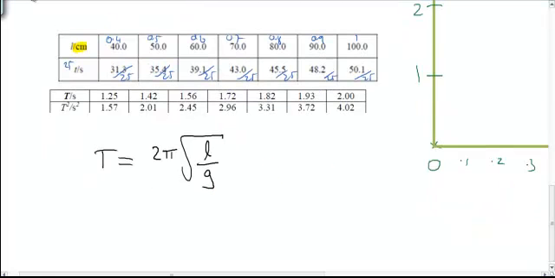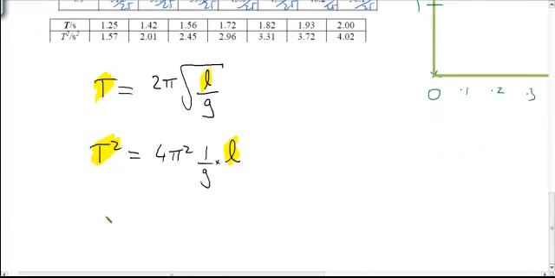Okay, now in order to show the relationship between the period and the length, it's nice if we can plot them as a linear graph. In order to do that, we have to get rid of this square root sign here. We get rid of that by squaring both sides. So we get T squared is equal to 4 pi squared times 1 over g times L. I've just split that up a little bit. So all we did was square both sides, and now we've got T squared is 4 pi squared times 1 over g.